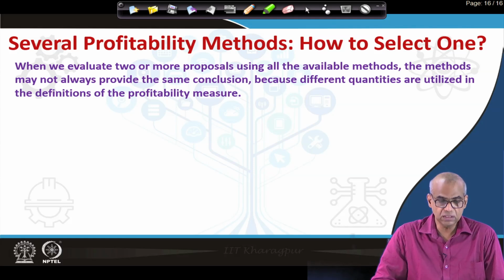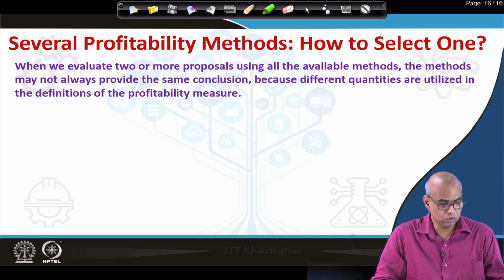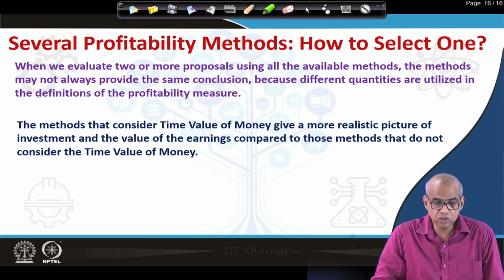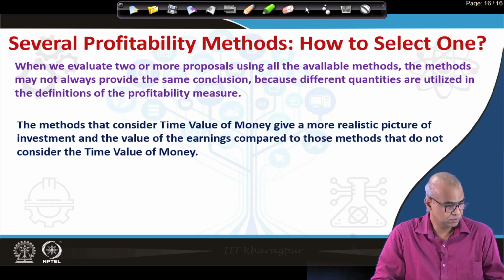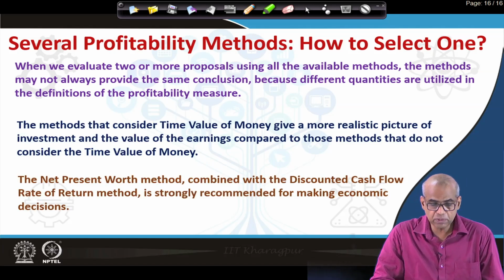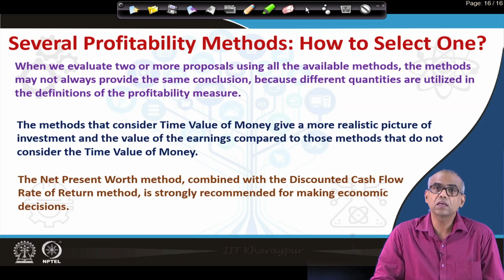So, it is natural that not all methods will lead to the same conclusion. The methods that consider the time value of money give a more realistic picture of investment and the value of earnings compared to those methods that do not consider the time value of money. So, the methods based on time value of money will give you more realistic picture of the profitability analysis or economic evaluation of your plant or project. The net present worth method combined with the discounted cash flow rate of return method is strongly recommended for making economic decisions.